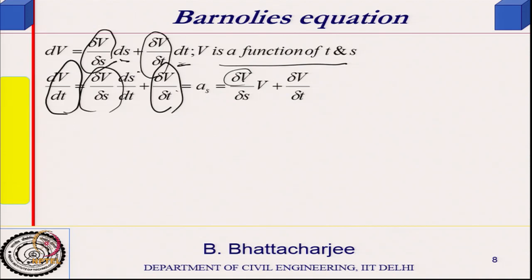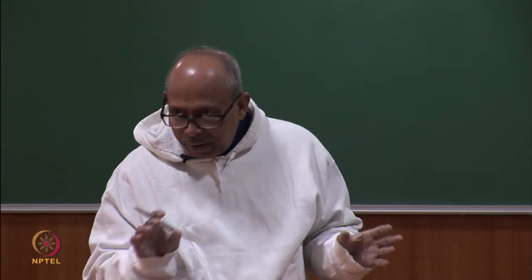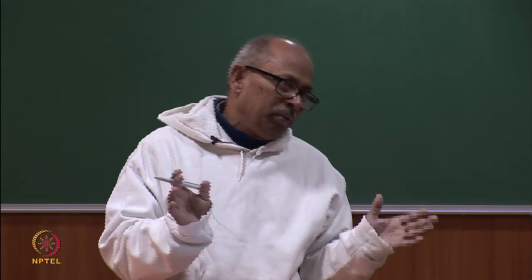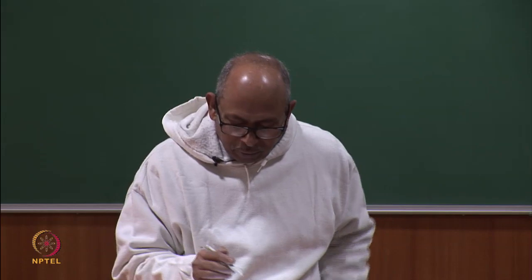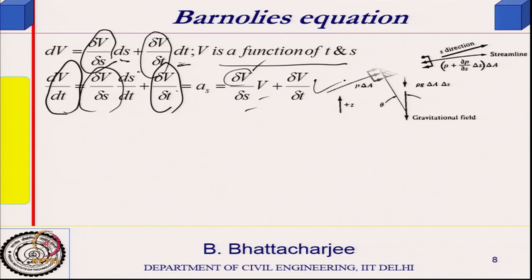When I am trying to equate the forces, I need the acceleration also. Since the fluid is flowing, mass into acceleration must equal the resultant forces acting along the direction of the flow. So, acceleration is given by v dv/ds plus dv/dt. It is a simple derivation, there is no complication involved in it, right.